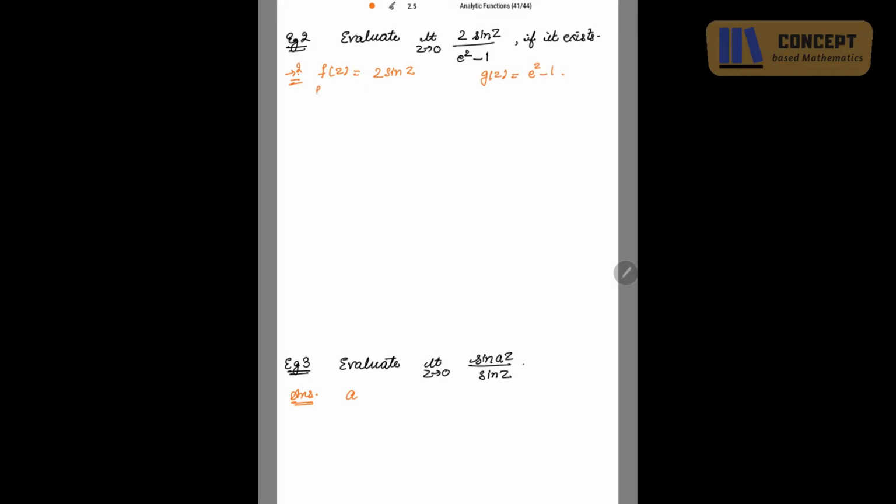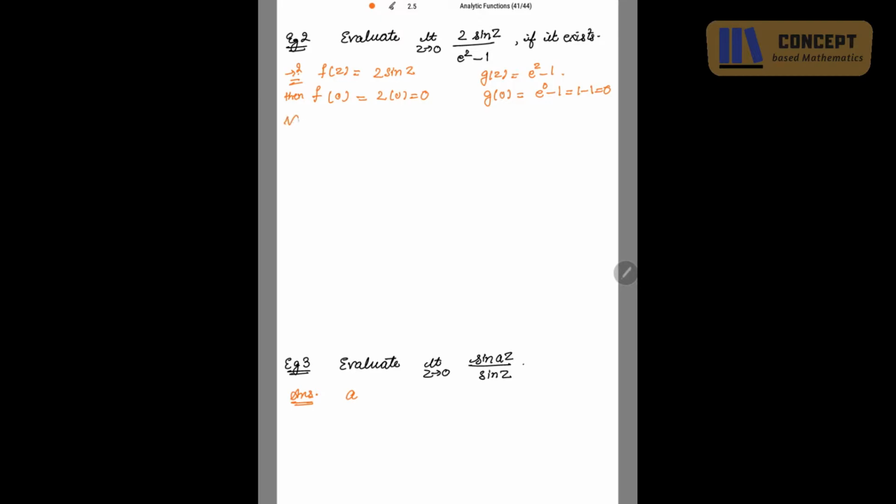Then f of 0 is 2 sine of 0 is 0, that is equal to 0, and g of 0 is equal to e the power 0 minus 1, that is 1 minus 1, which comes out to be 0.